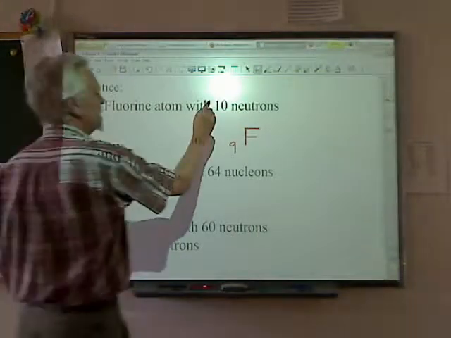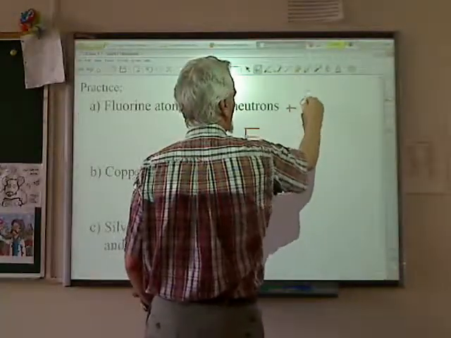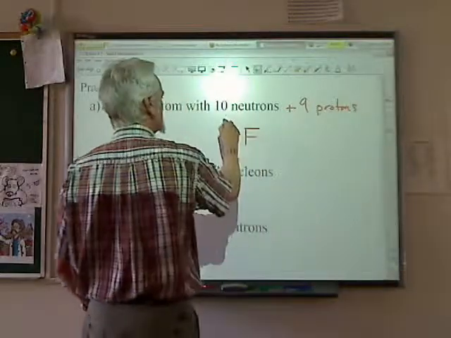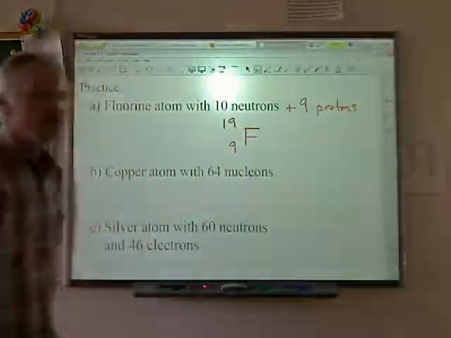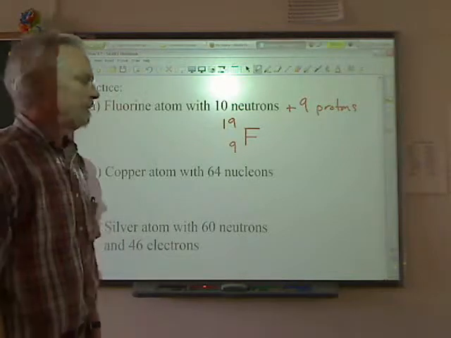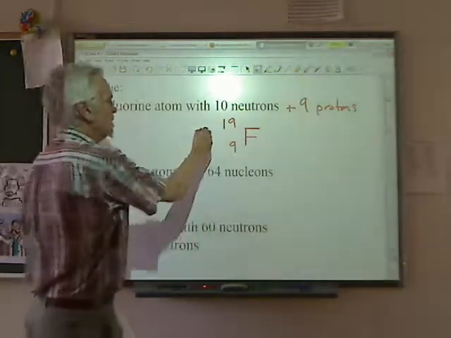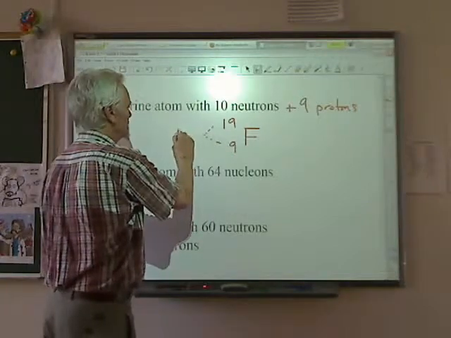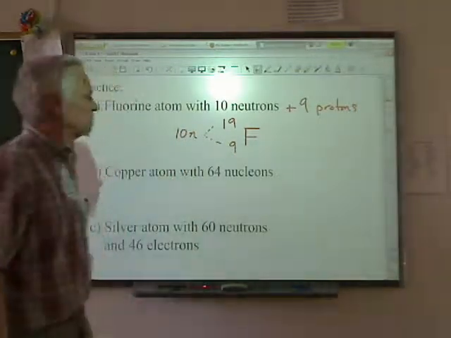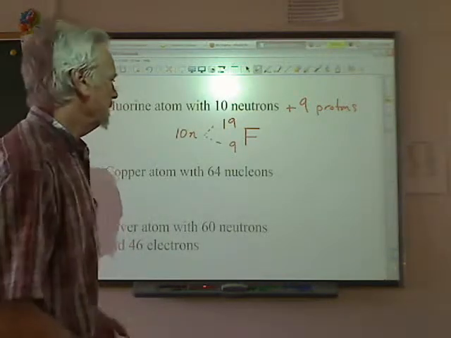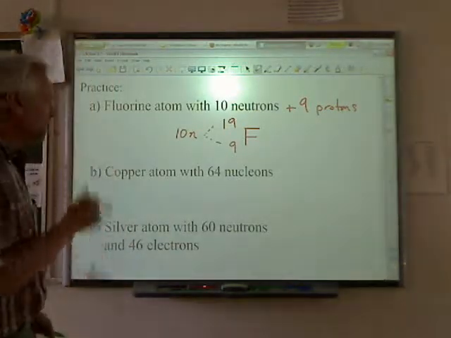And notice if we take the 10 neutrons and add the 9 protons, we would end up with 19, and so this symbol would then give us the isotope notation for a fluorine atom with 10 neutrons. Notice, of course, then the subtraction giving us those neutrons based on them all having a mass number of 1, the same and no charge.